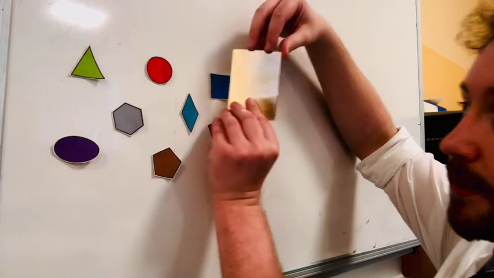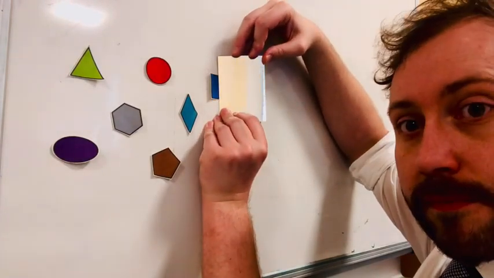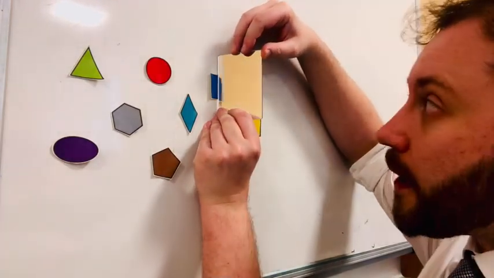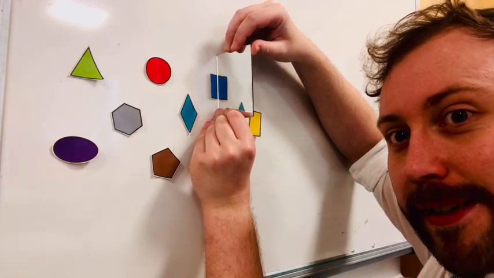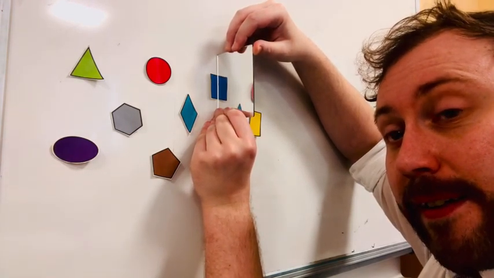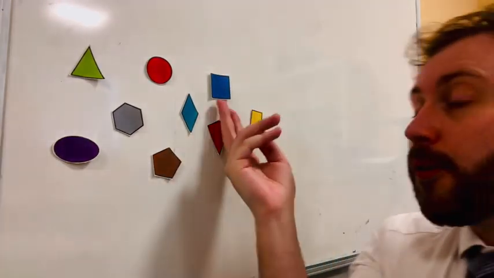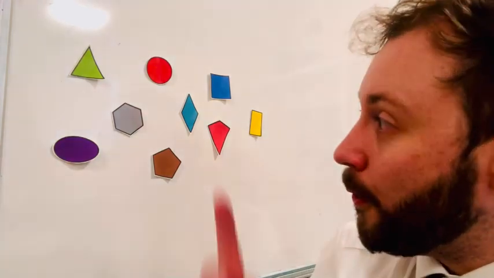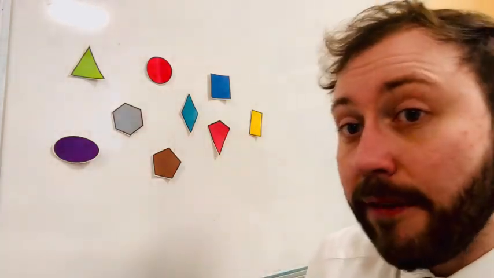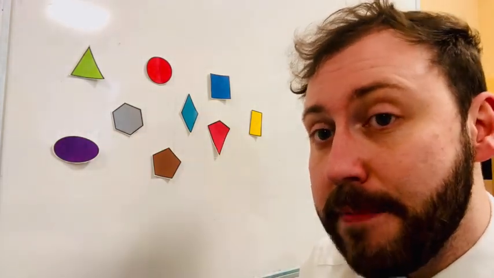If we put it in the middle and turn our mirror, aha! It makes a square. So the square also has symmetry. All of our shapes have lines of symmetry in the middle.